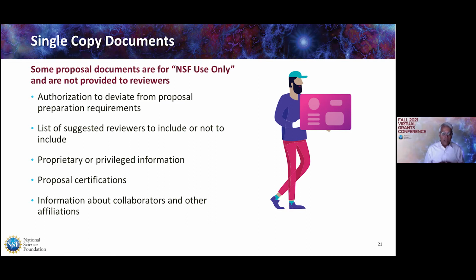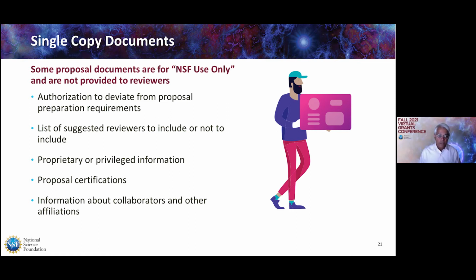Similarly, you may have proprietary or privileged information. The likelihood that something like this might appear is higher in programs such as our small business research programs or the technology transfer programs, SBIR, STTR, which are dealing with small businesses and startups and so on. And again, you can put those kinds of proprietary or privileged information in those sections.